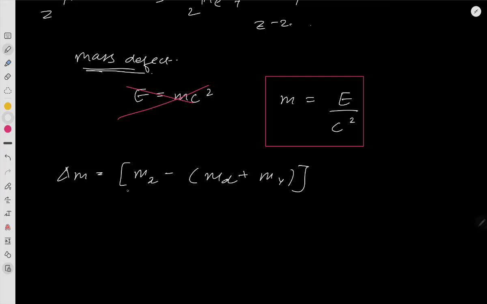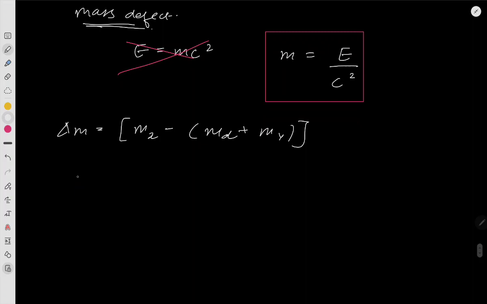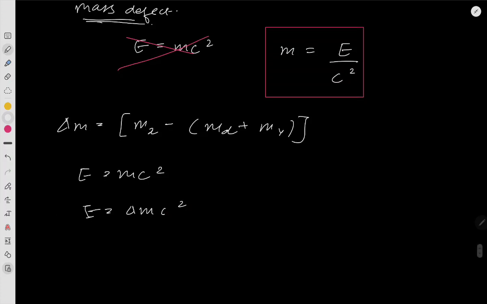So we know E equals mc square. From here afterwards we can shuffle. And E equals delta m c square. If we put delta m into the equation, we get it like this.